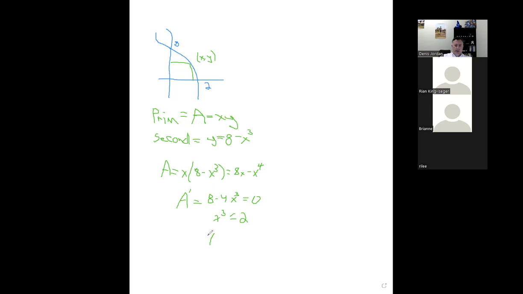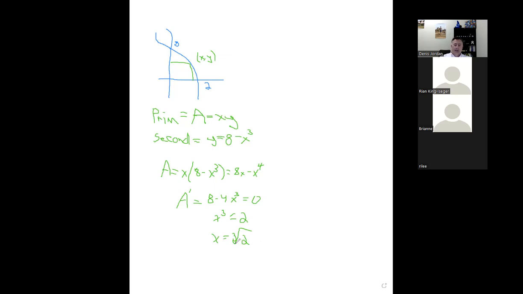So the x is the cube root of 2. So that's your x value, but they wanted the dimensions.